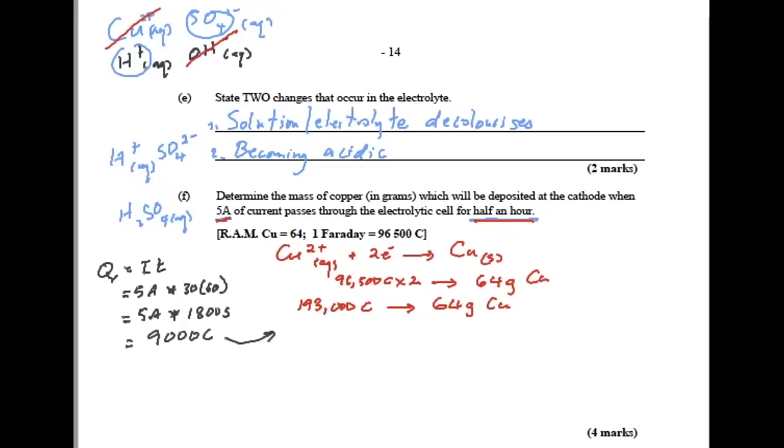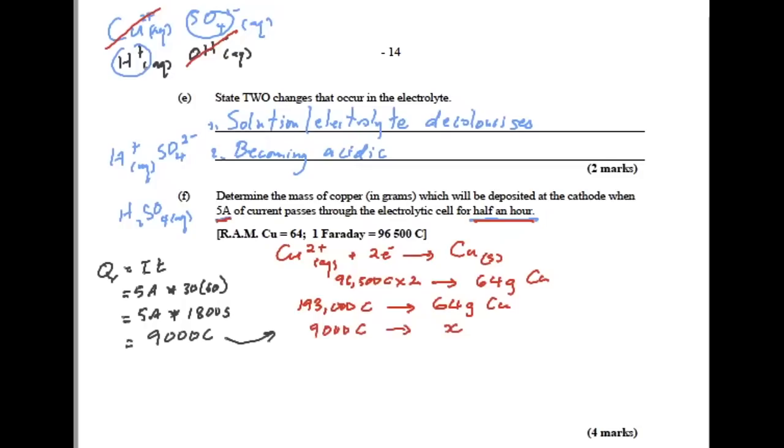So from the statement earlier, 193,000 coulombs produce 64 grams of copper. So if we had used 9,000 coulombs, which is the quantity of electricity we get when 5 amperes flow for 30 minutes, we want to find out the mass of copper that would be associated with it.